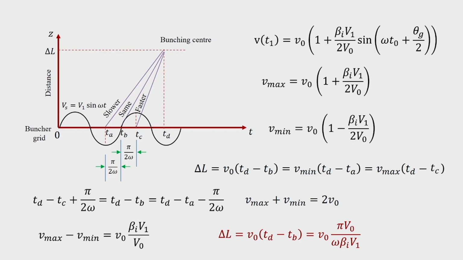where the bunching occurs, and we mentioned that we want the bunching to occur at the middle of the catcher grid and at an instant when the phase is a retarding phase.